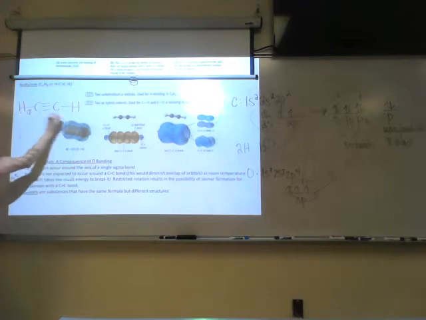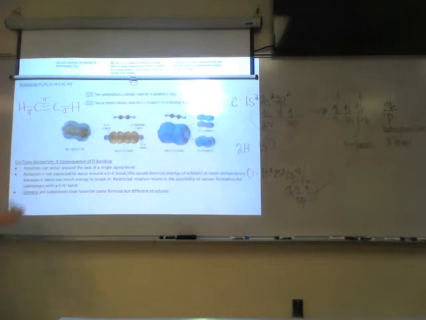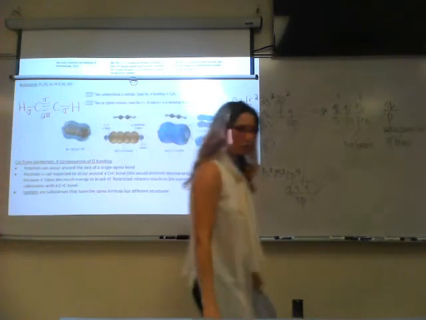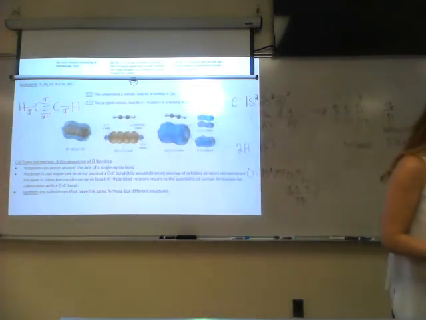You have one sigma here, and one of these is a sigma bond. The other 2 would be pi. So when you're looking at double and triple bonds, one of the bonds is always sigma, and the rest are pi.